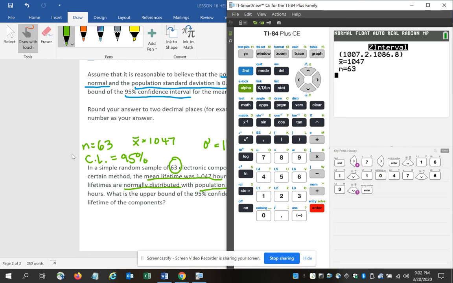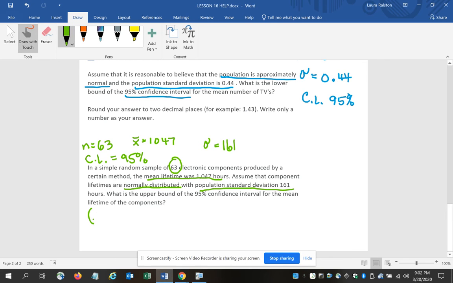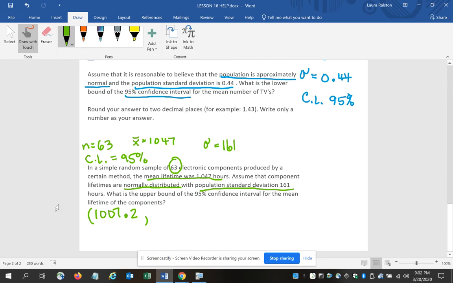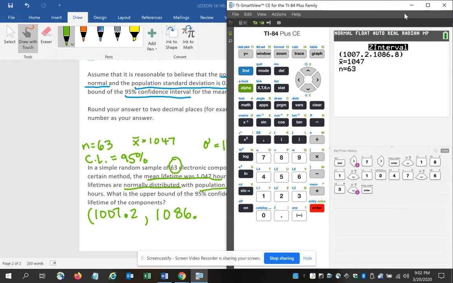And it comes up and it gives me 1,007.2 for my lower bound, and my upper bound is 1,086.8. Let me make sure I remembered it right.